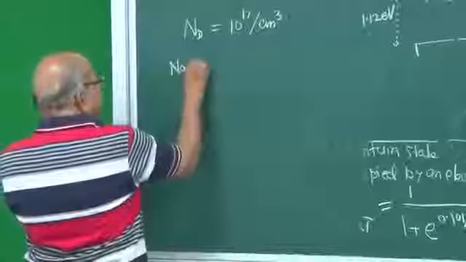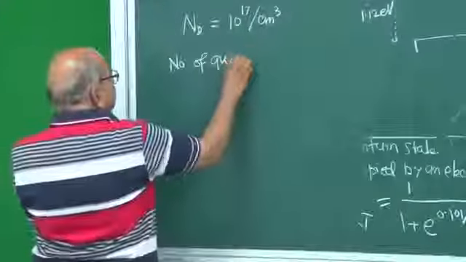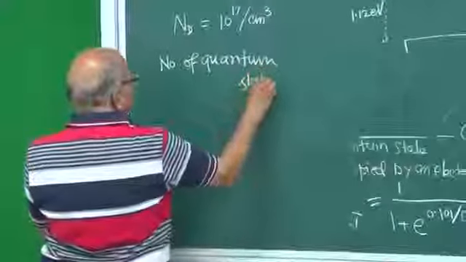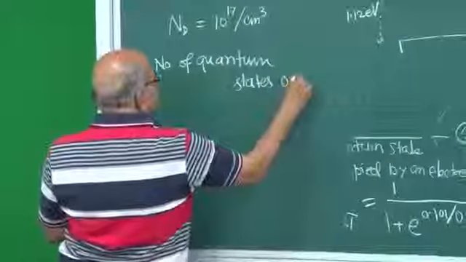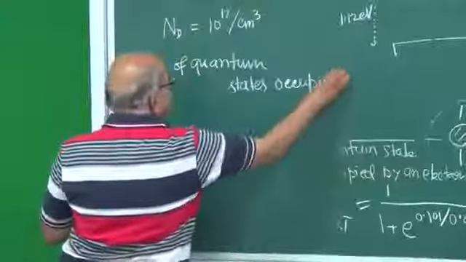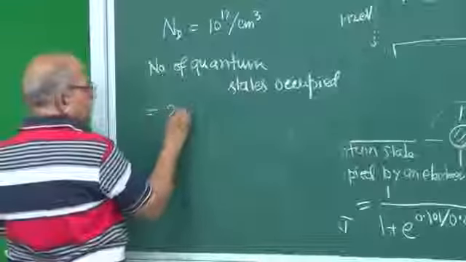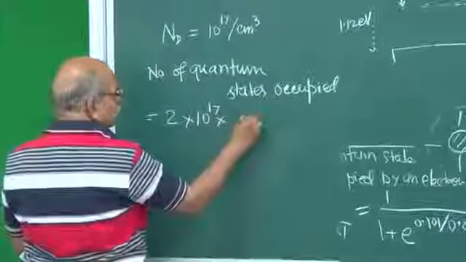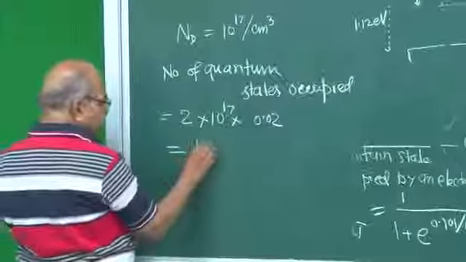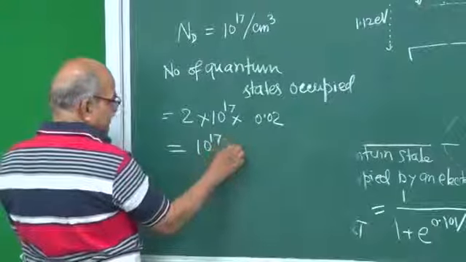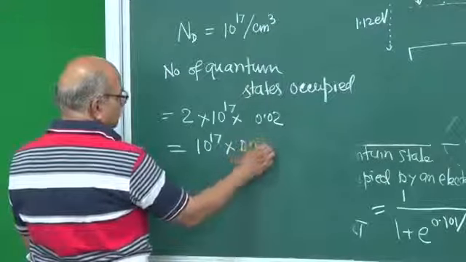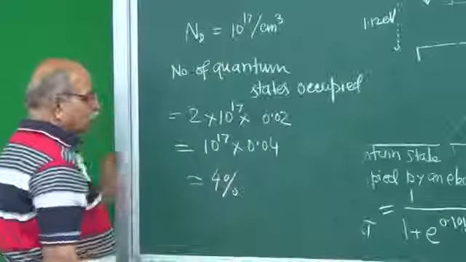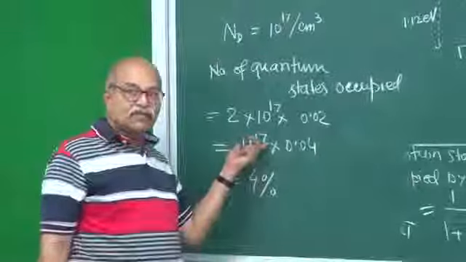So the number of quantum states occupied is 2 into 10 power 17 times 0.02, or you can express it this way, this multiplied by 0.04, and that means 4% of the total donor atoms.